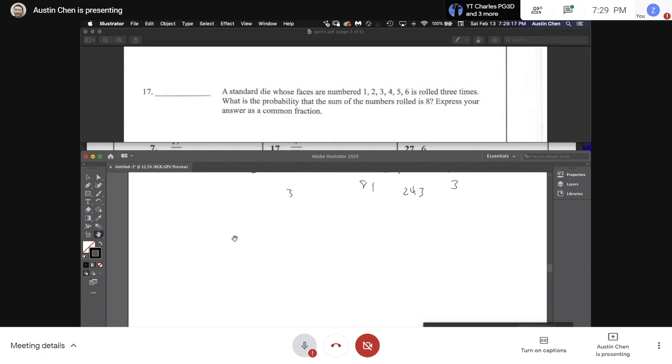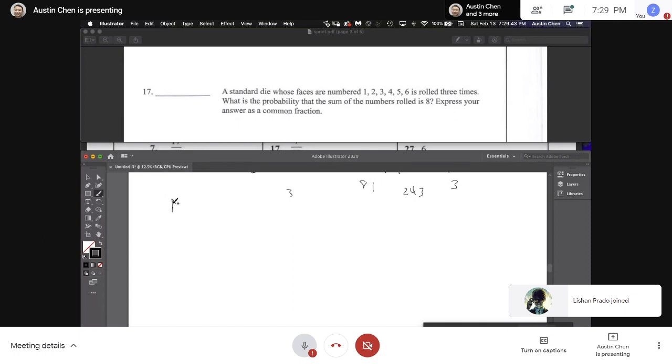Okay, so if we're doing casework, we want to find the combinations of die rolls that we can get to have the sum of those numbers be 8. And there's not going to be too many combinations for this. Let's think of combinations that include 1 first.